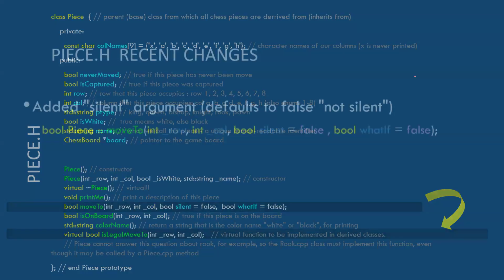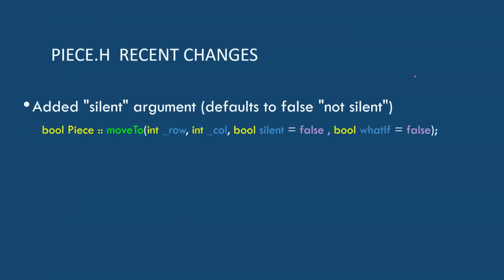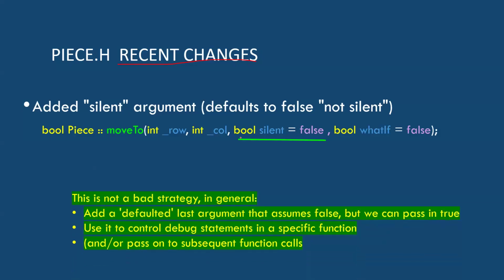Okay. All right. So these are things I added, but not so recently. These are from last year. So just highlighting that again. There are last two arguments that you can use or not use. And this is a good strategy. It just allows us to turn off the extra noise, right?